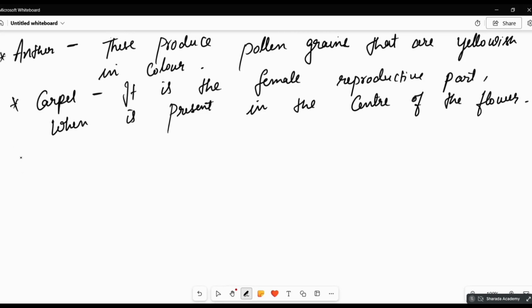In the carpel, we have stigma, style, and ovary. Stigma is the terminal part of the carpel.